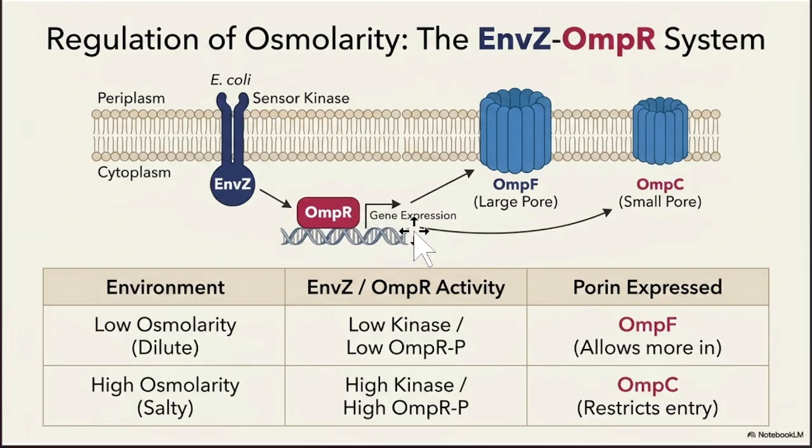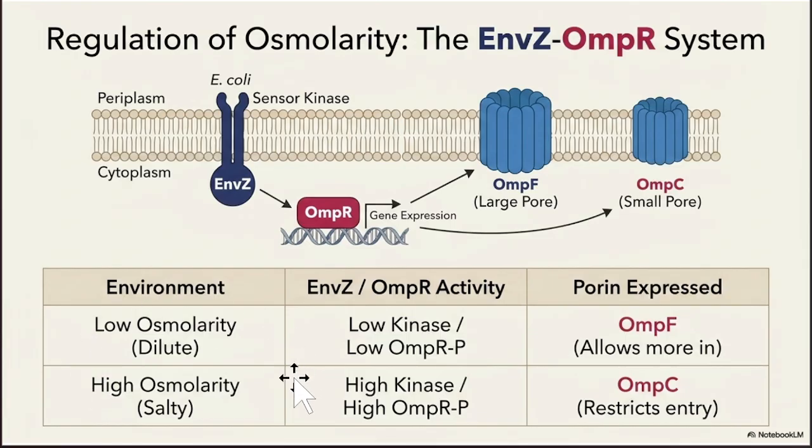Then regulation of osmolarity. Here, the sensory kinase receptor ENVZ, after activation, promotes OMPR in the DNA, and this OMPR gene expression activates OMPF and OMPC. How and why do these channels activate?